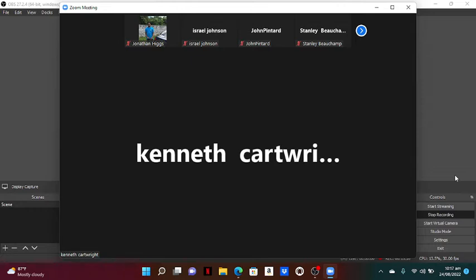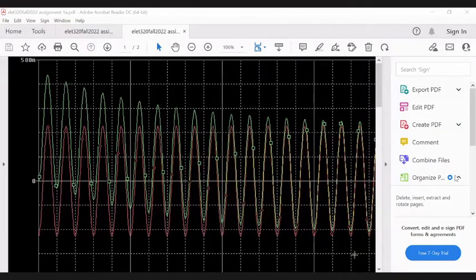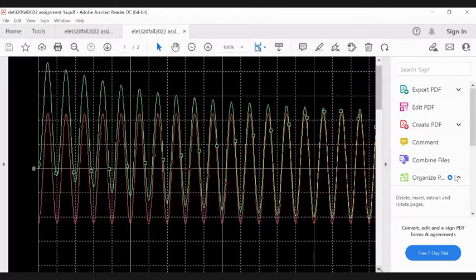All right. Now, let me see if I can share that. Do you see the green graph? Yes, sir. What is the green graph?